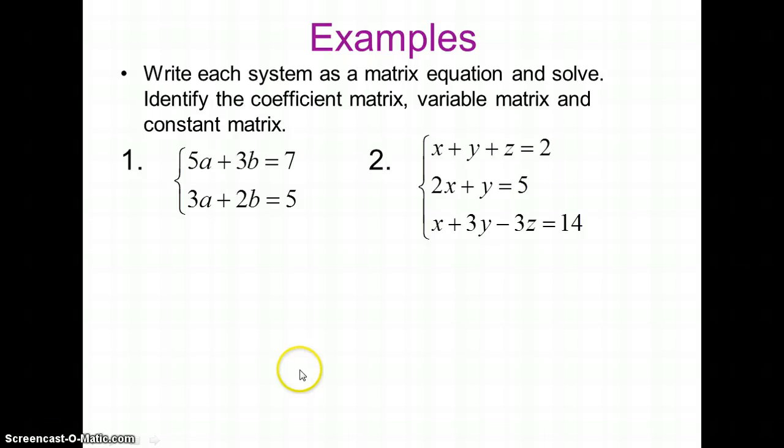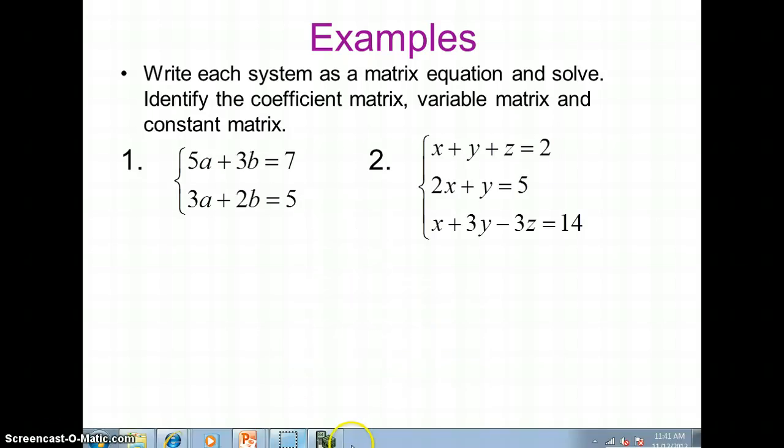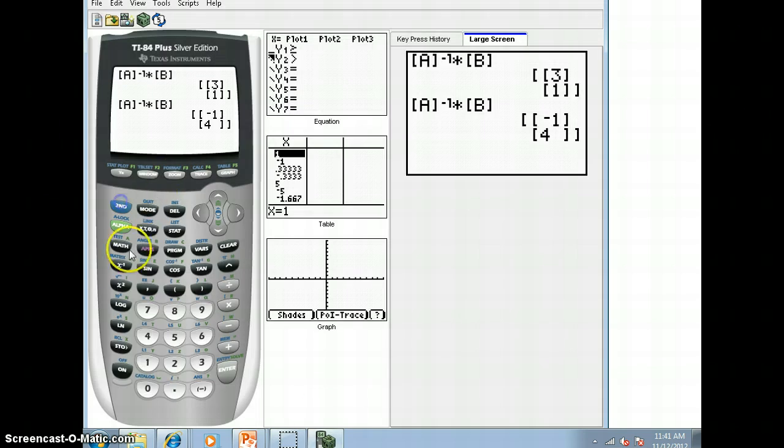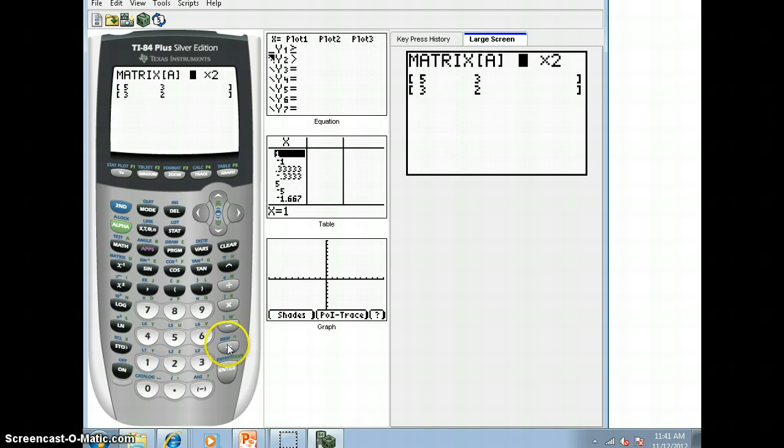So let's get out of here. Open my graphing calculator again. Go into my matrices. Go over to Edit Matrix A, which is now a 3 by 3 matrix. And I enter my numbers here. 1, 1, 1 for the first row. 2, 1, 0 for the second row, and 1, 3, -3 for the third row.